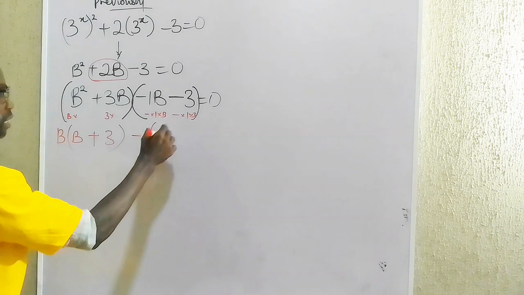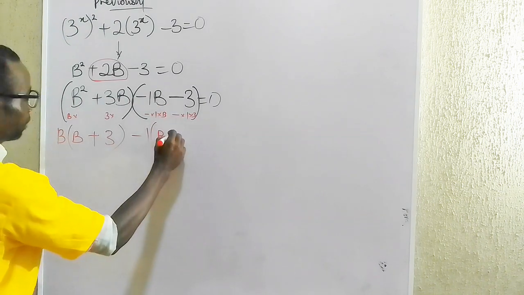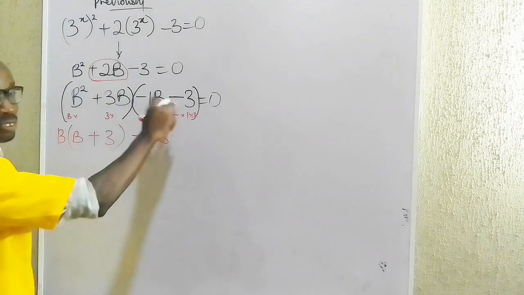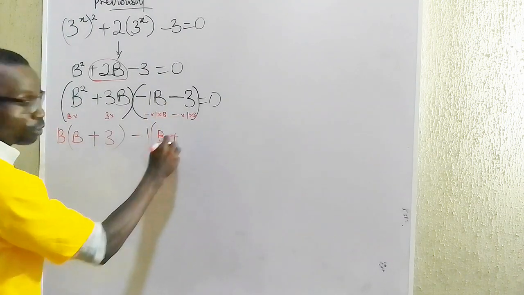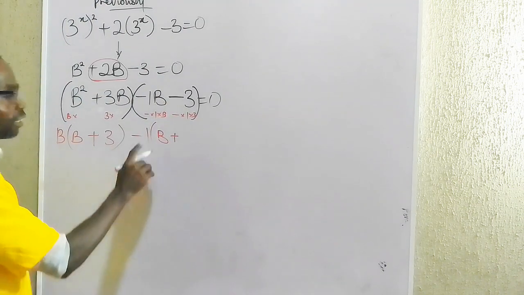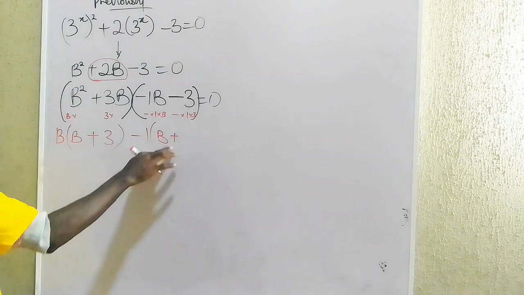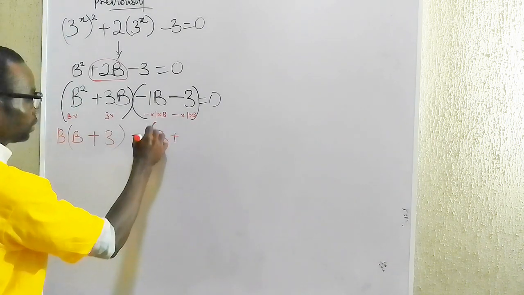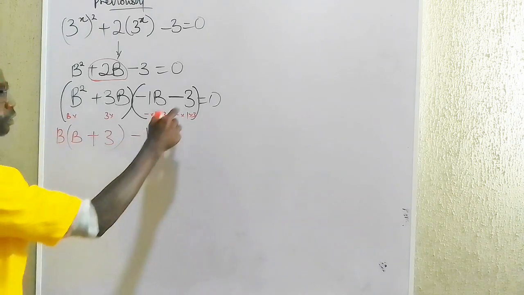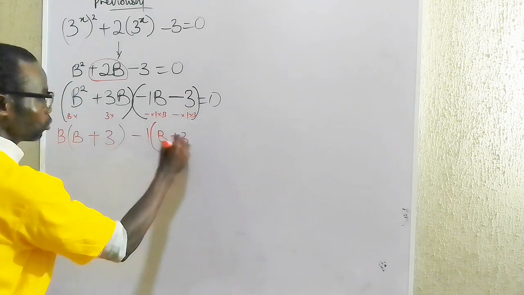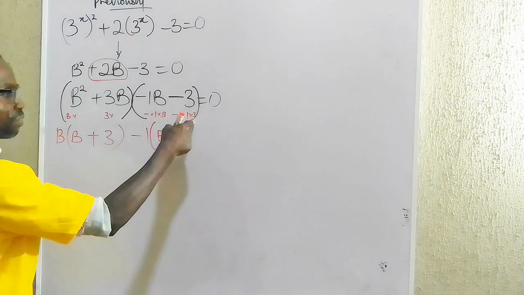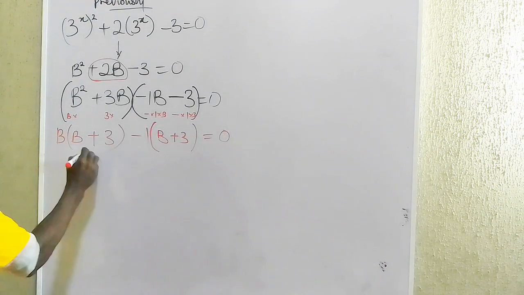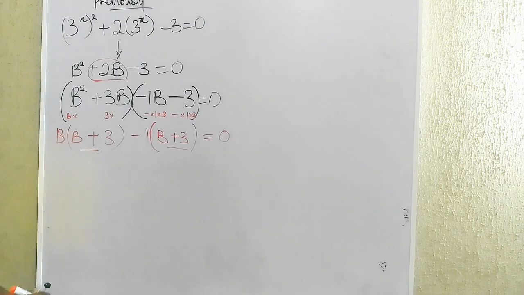B. Now there's a plus, because minus times minus is actually a plus. Another guide is that this place must look like here. They must be the same thing. So you have it as b, and that will be a guide to know if you're correct. So 3 is remaining here. Here we have b left and 3 left. We close the brackets. So we have here being the same thing as here.